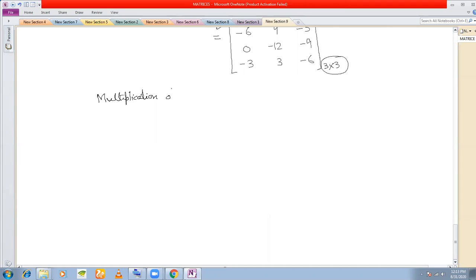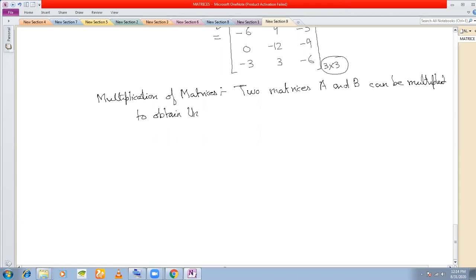Multiplication of matrices. Two matrices A and B can be multiplied to obtain the product AB.